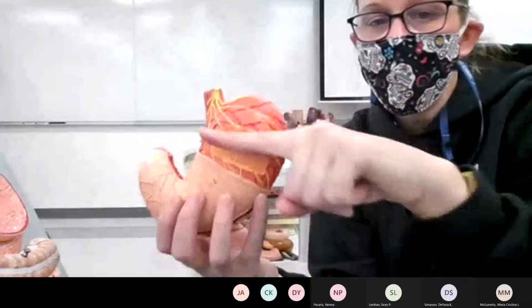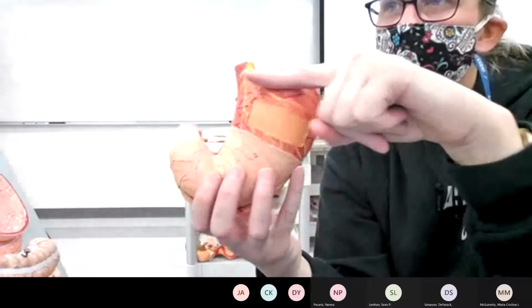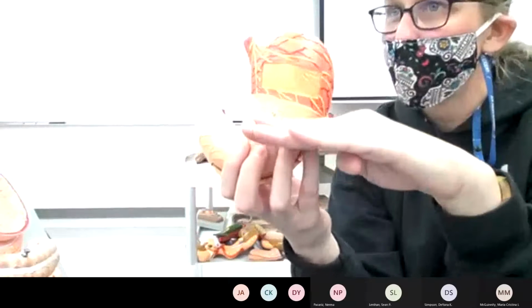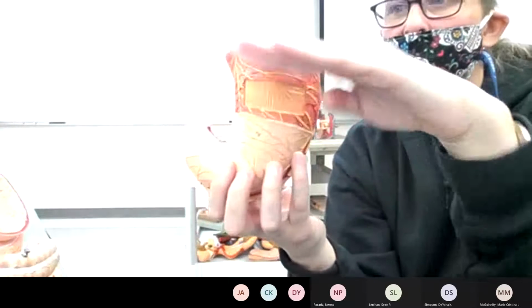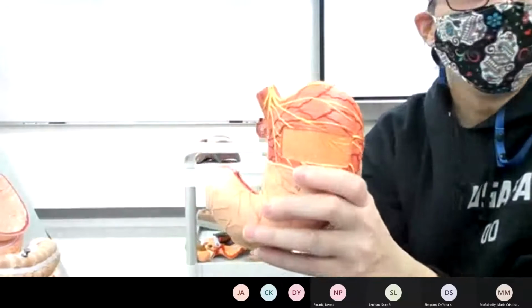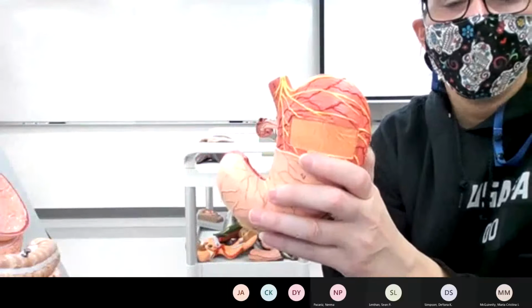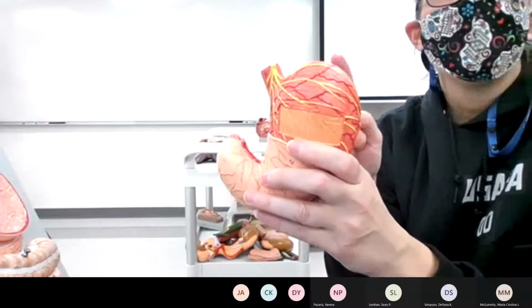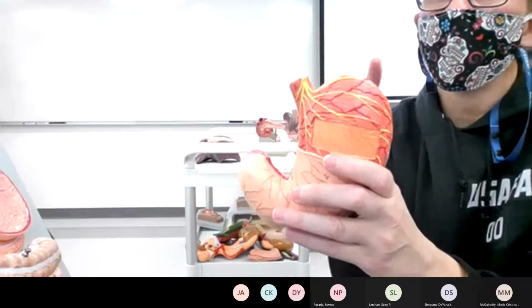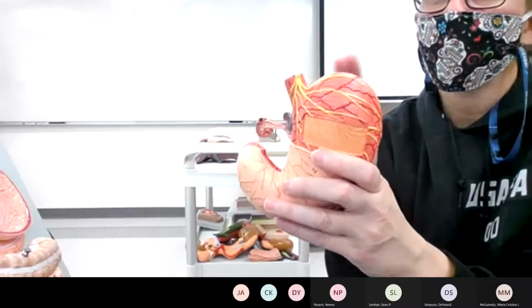Okay, now if you draw an imaginary line where the lower esophageal or the cardiac sphincter should close and everything would gravity help fall down, the area above that, that's known as your fundus. Okay, and what's cool about the gastric, and this is in one of your slides, the gastric glands here, they are going to have more cells to make the hormones obestatin and ghrelin.